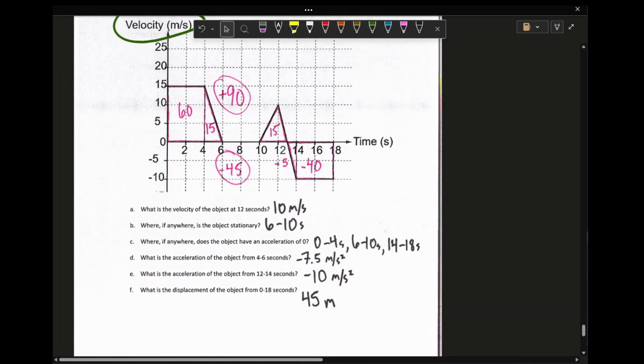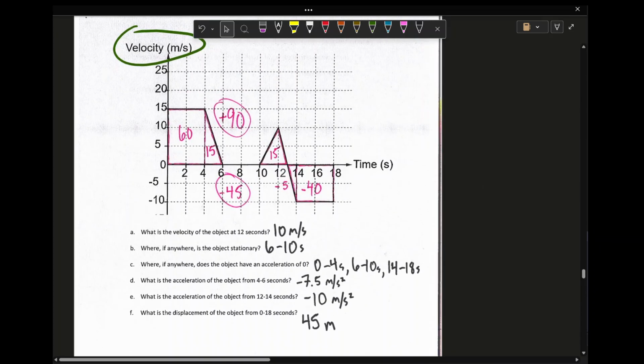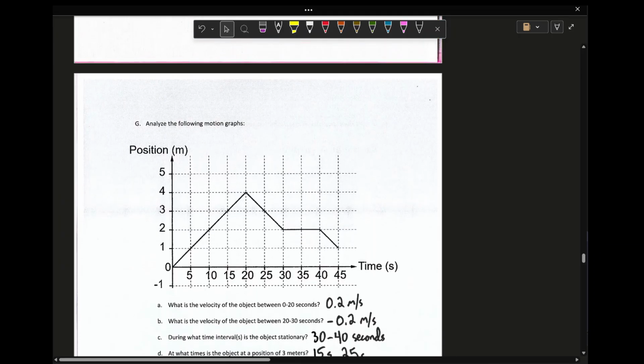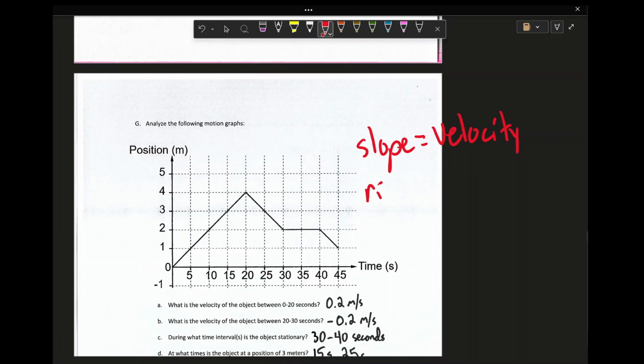Okay, motion graphs. We're going to jump straight to the velocity versus time graph. As a general note, for the position versus time graph, the slope ends up being the velocity, because slope is rise over run. In this case, the rise is the change in position, which is delta x, and the run is change in time.